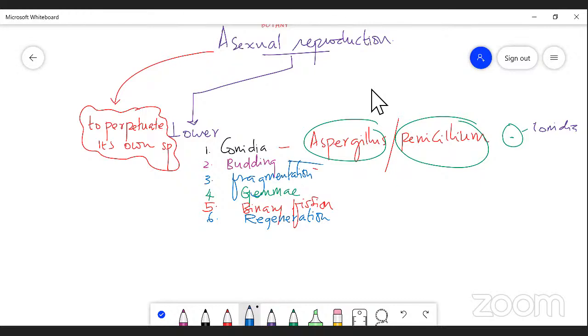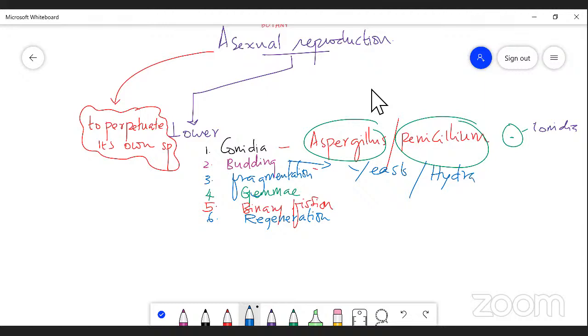Next we pass on to budding. Actually, budding is a type of method by which an organism reproduces its own species by the process that is called budding. Some examples I can say are yeast and hydra.